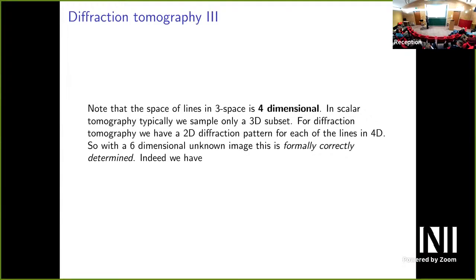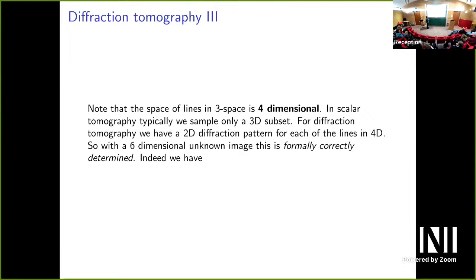So the 4D data we think of as complete data, whereas what people practically use is actually incomplete. You try to make complete data, but not all the data is there. And of course, it might have a unique solution, but it will affect the stability of the reconstruction as well.